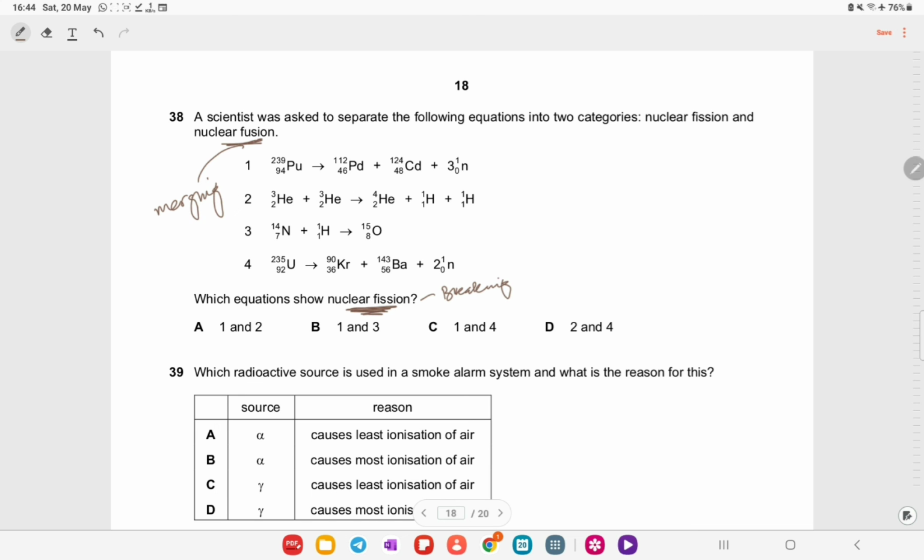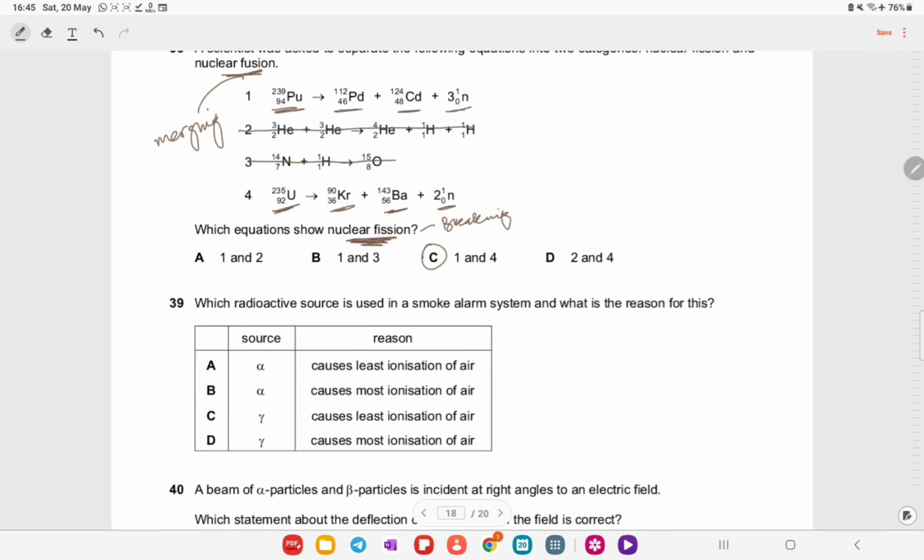So option 2 is wrong because you're merging, and option 3 is also merging. So options 1 and 4 are your right answers, because you are breaking a radioactive element into two daughter radioactive elements and neutrons plus a huge amount of energy, and this radioactive element is again broken down into two daughter radioactive elements plus neutrons and a huge amount of energy.